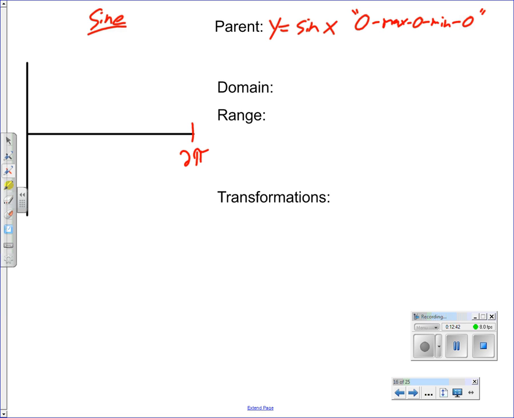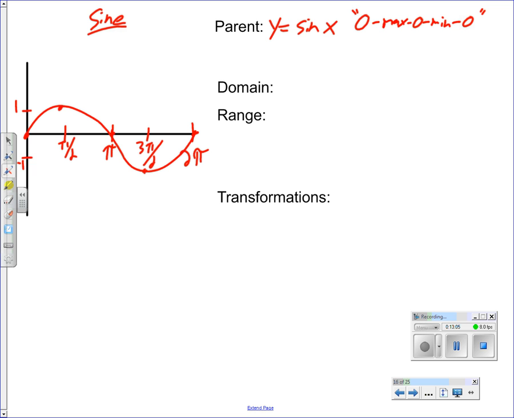So again, the period is 2 pi, and the pattern will continue to repeat itself: zero, max, 0, min, and 0. And there's one period of our sine function.